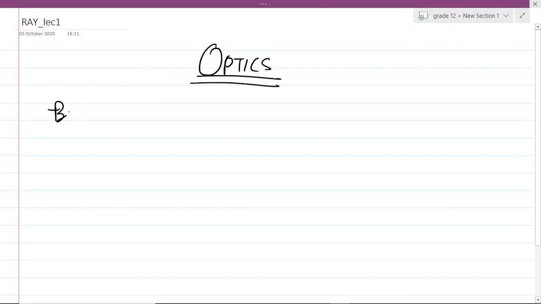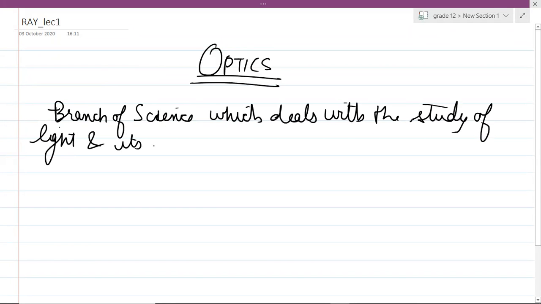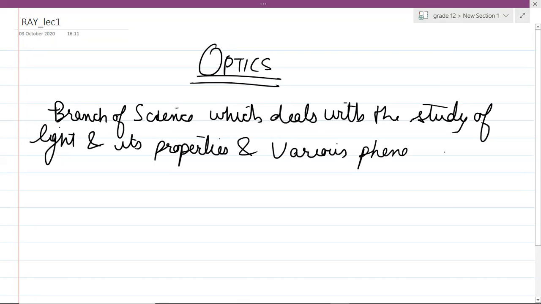It's a branch of science, or basically a branch of physics generally, which deals with the study of light and its properties and various phenomena associated with it.